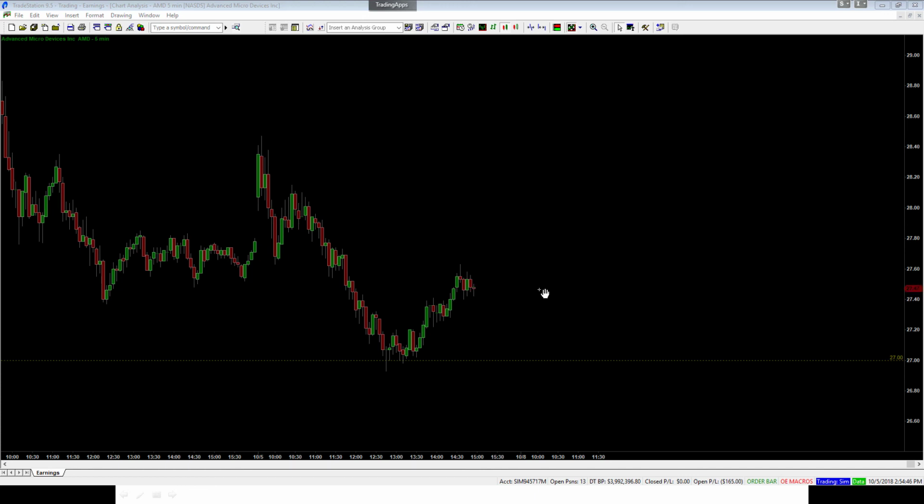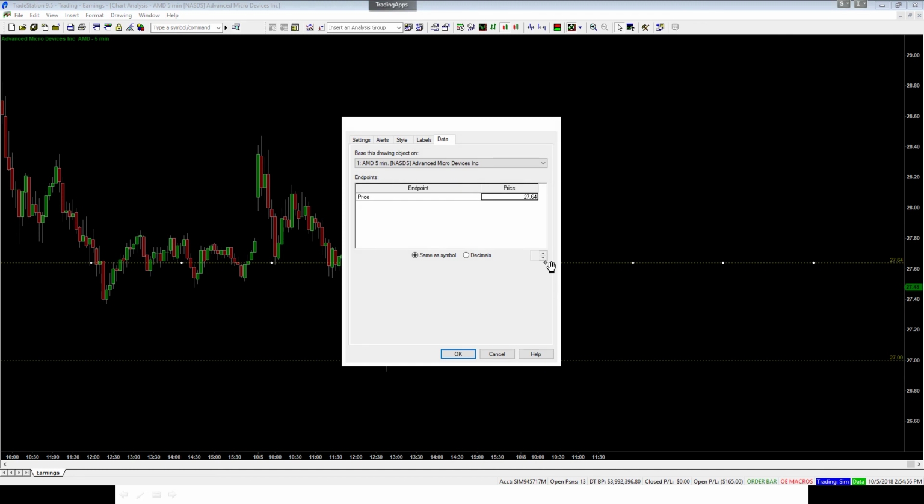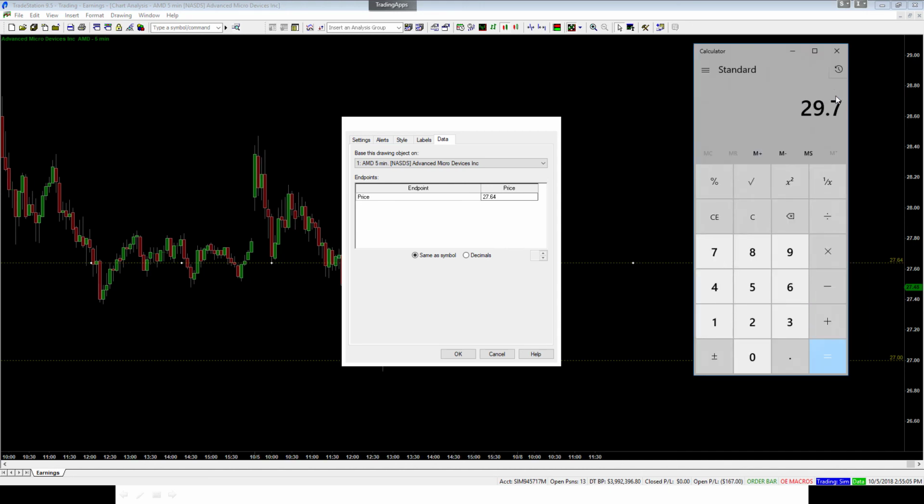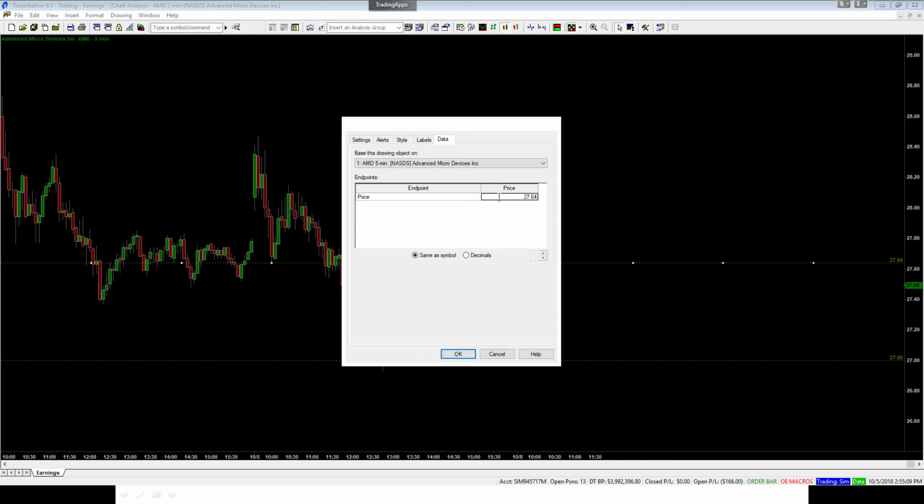So we're going to times 27 by 10%, and we get 2.7. So we need to move this up $2.7. Our horizontal line here is going to be $2.7 on top of our initial entry of 27. You just add your 2.7, it gives you 29.7. So we'll add 29.7 here.